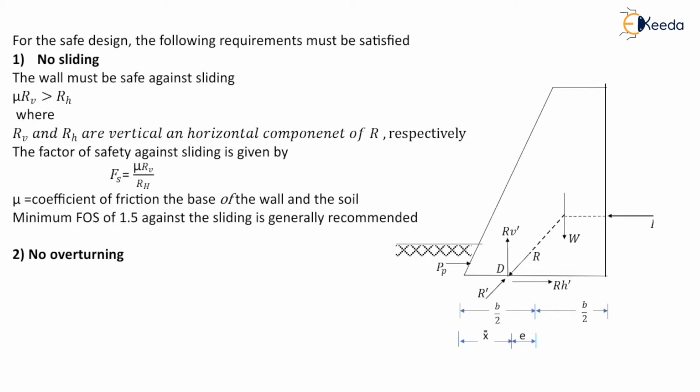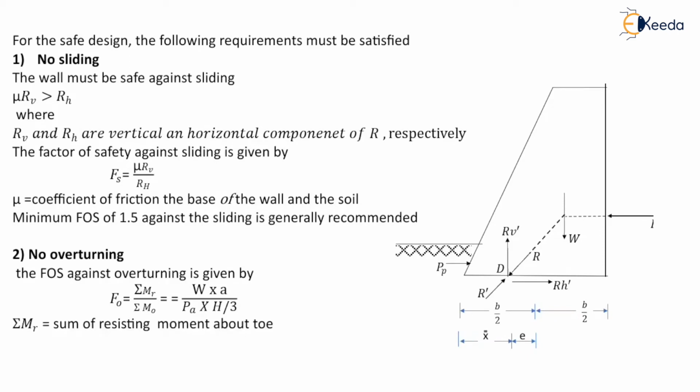Now the second requirement is the no overturning condition. The factor of safety for overturning is given by FO equal to summation of MR divided by summation of MO, where summation of MR is the sum of the resisting moments about the toe and summation of MO is the sum of overturning moments about the toe.